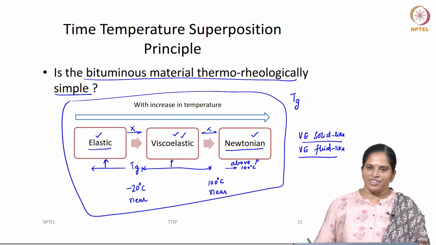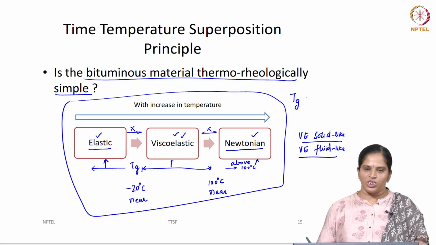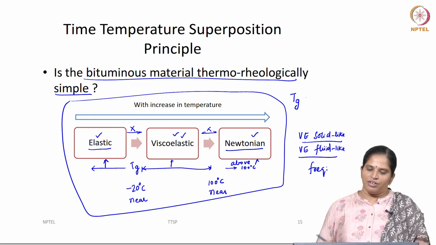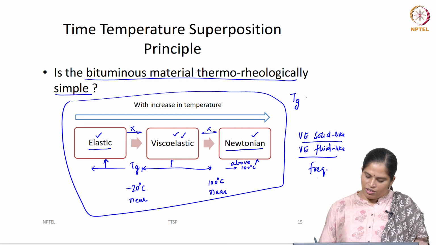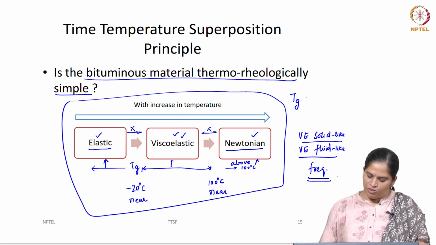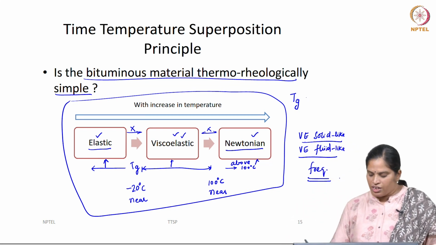We have already seen in small amplitude oscillatory shearing that this transition is frequency dependent. There are many other factors by which the solid to fluid-like behavior varies, so there is no fixed method to identify what is solid-like behavior or fluid-like behavior as of now.